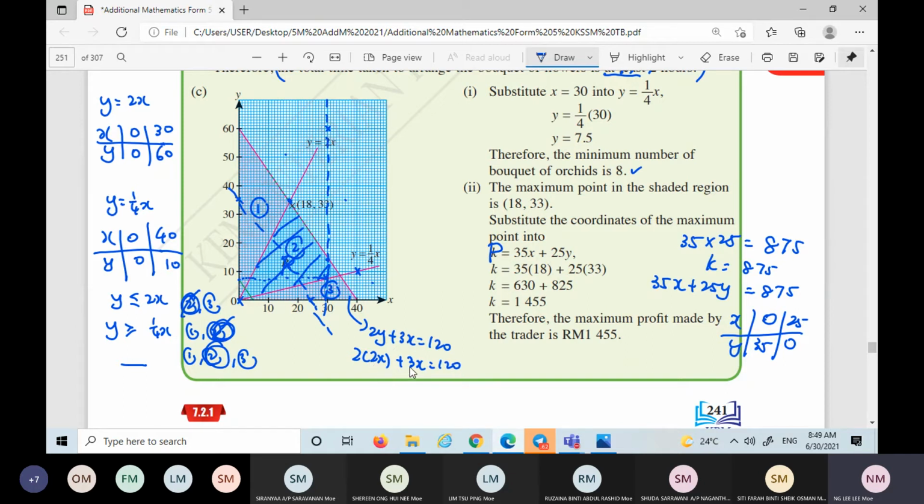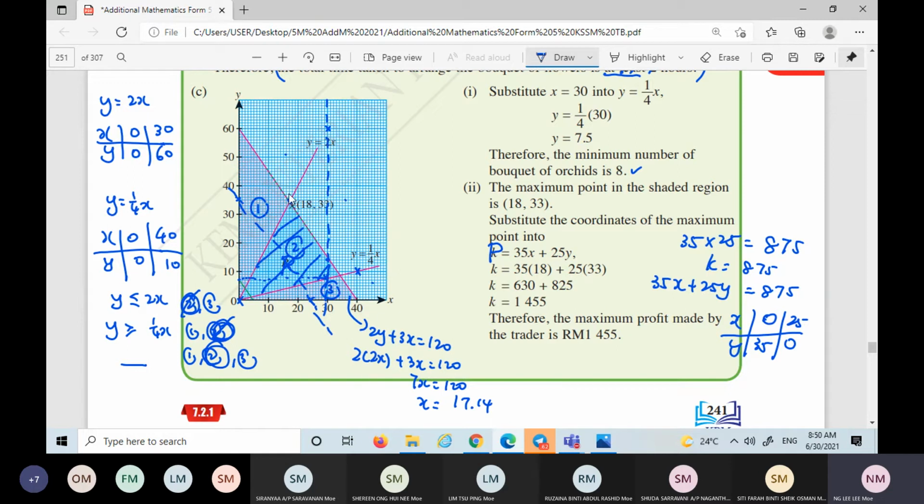This is 4 and 3, so this is 7. So 120 divided by 7 is 17.14. This is what I say, this is not a whole number.